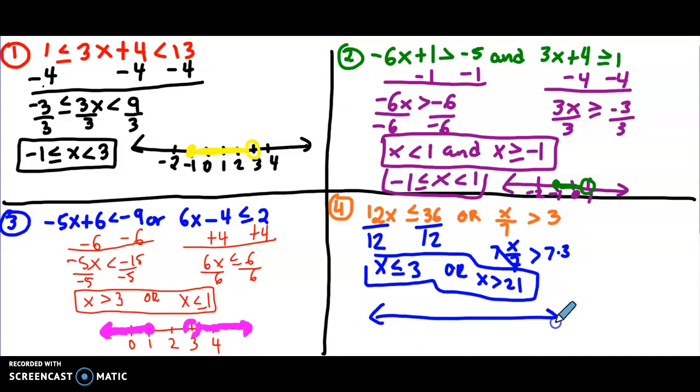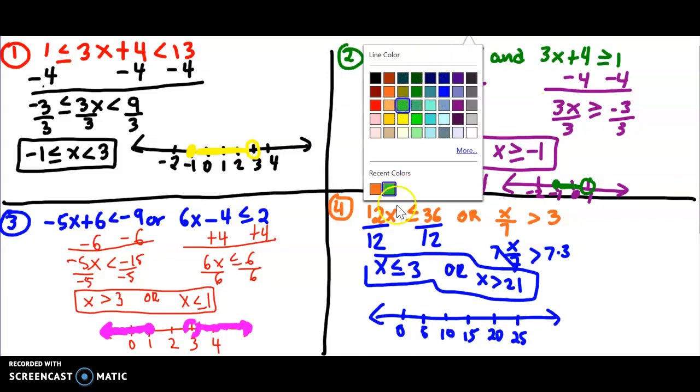Number line. Now looking at your numbers, you see that maybe you shouldn't go by 1s here. So maybe here I'm going to go by 5s because there's a big spread between the numbers that I have to show. 15, 20, and 25, and that's going to do it. I need another marker to show.